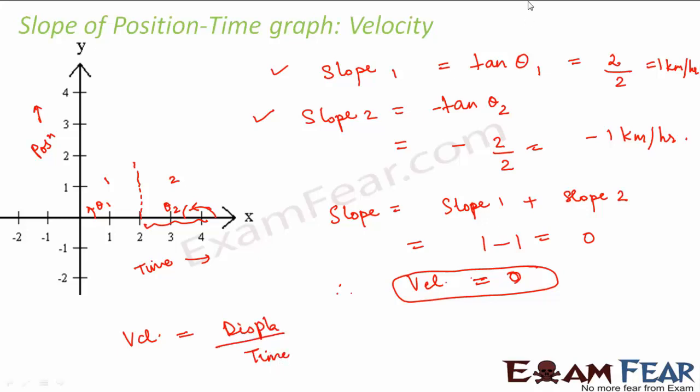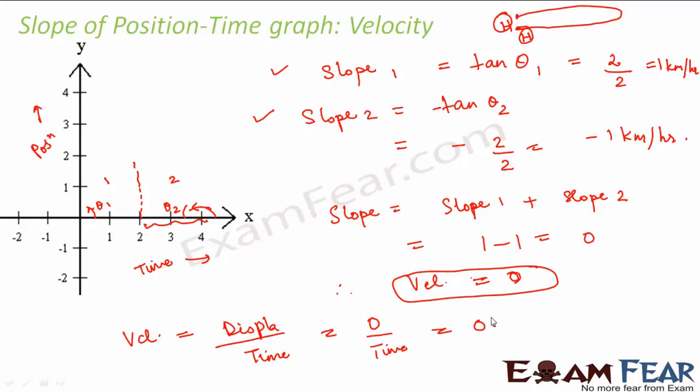Now in this case, what is my displacement? The boy starts from home, goes to McDonald's and again comes back home. So my initial and final positions are the same. That is why displacement is equal to 0, and 0 upon time is equal to 0. So the velocity in this case is 0, because the displacement is 0, as the initial point and the final point are the same.